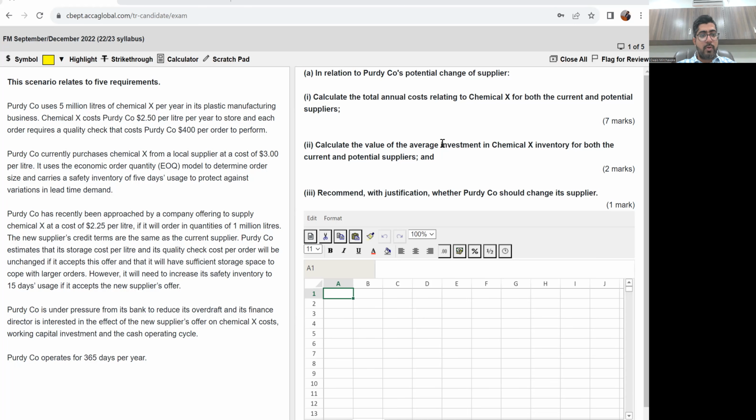It uses the EOQ model to determine order size and carries a safety inventory of 5 days usage to protect against variations in lead time demand. So 5 days usage is basically the safety stock, and the EOQ model is being used.